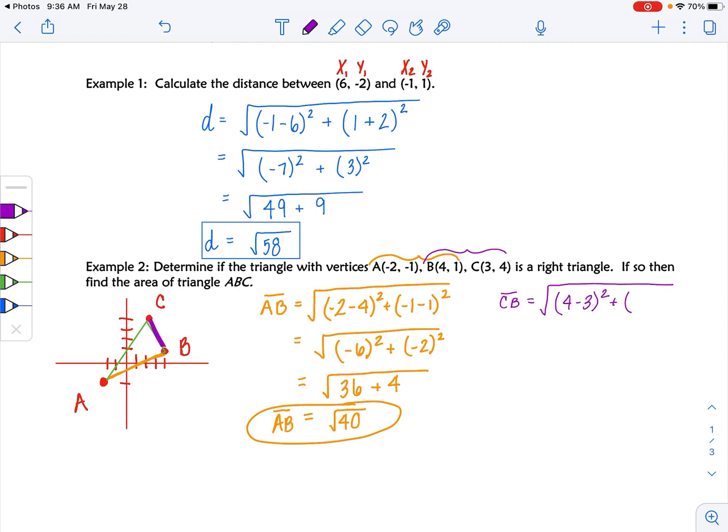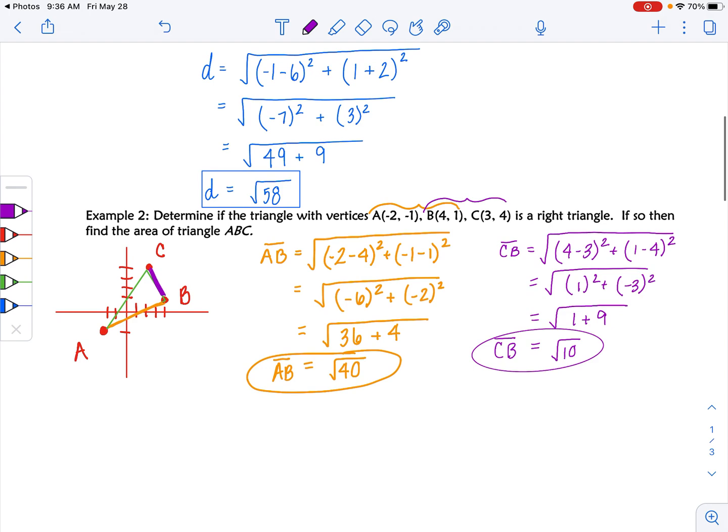Those are my x values, y values. Not too bad, 1 plus 9. So CB, that purple distance, is root 10. And we have our last side length.